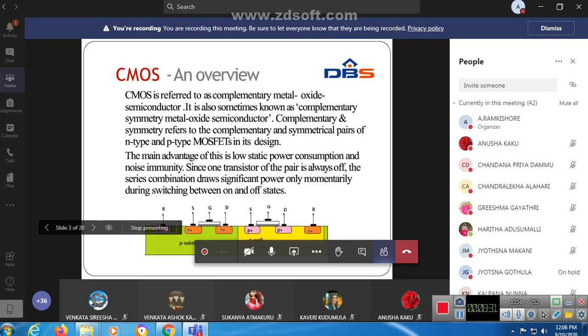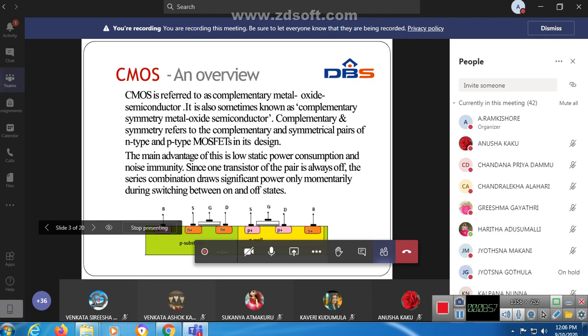In the same way, we have many semiconductors within the electronic components. Whenever we add those semiconductors in a proper manner, in a P-substrate with an N-well region and a P-well region, it becomes a complementary metal oxide semiconductor.